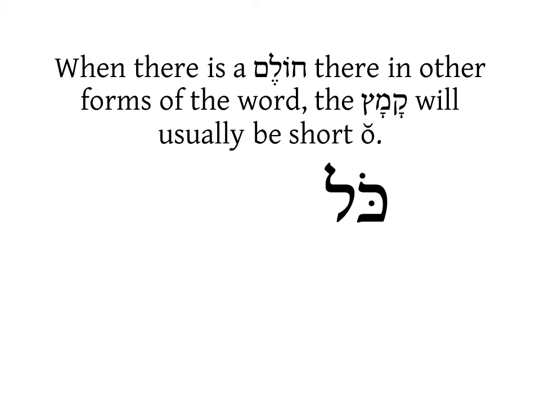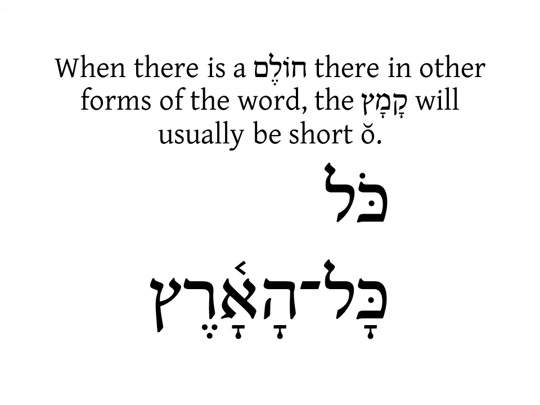Take the word kol. This means all, or each, or every. When it occurs by itself, it's got a cholam after the kaf. But when the word comes joined to some other word with a maqef, remember, the maqaf is that hyphen used in Hebrew.